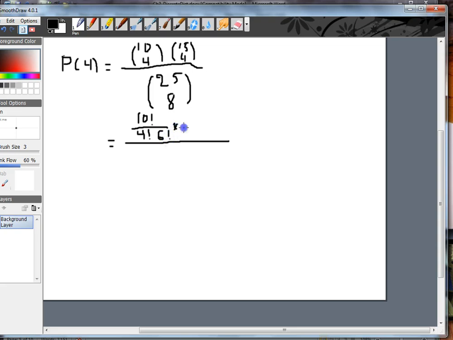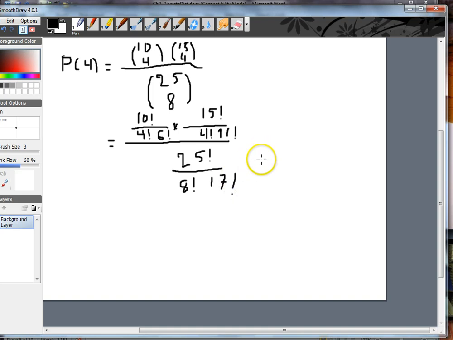I'll multiply that by this term, which is 15 factorial over 4 factorial times 11 factorial. And down here I'm going to have 25 factorial over 8 factorial times 17 factorial, since 25 minus 8 is 17.